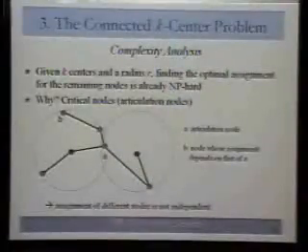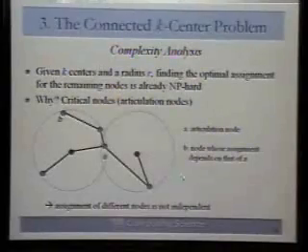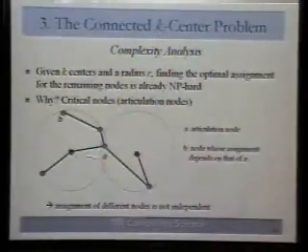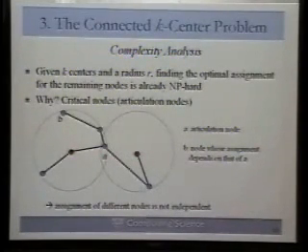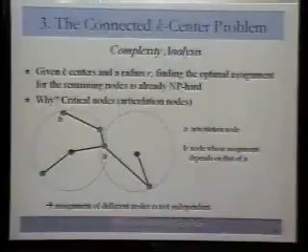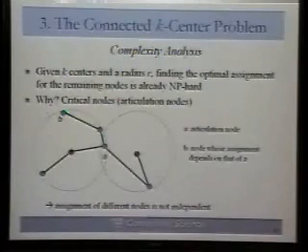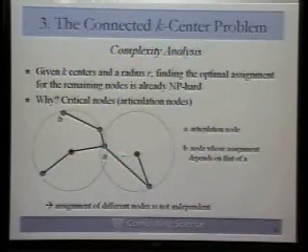The reason is that there are some critical nodes that we call articulation nodes that are within radius r from more than one cluster center, and from which other nodes depend in their assignment. So, for example, in this case here, the assignment of node B depends on the assignment of articulation node A. As soon as we assign A to cluster 1, B needs to be assigned to the same cluster.